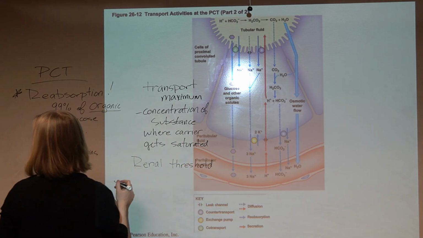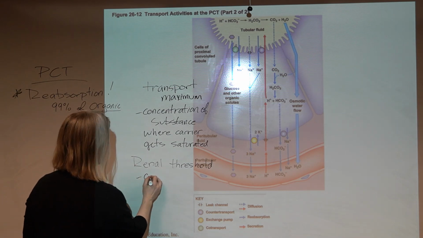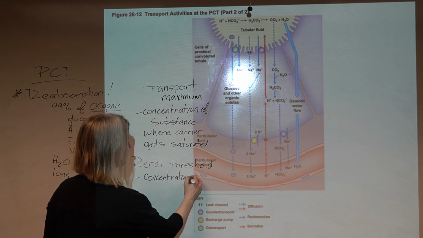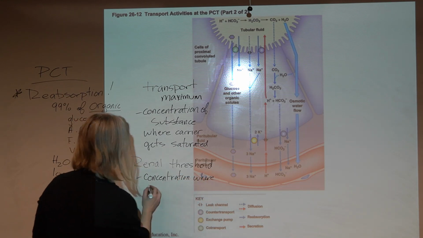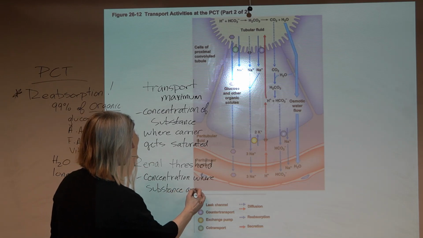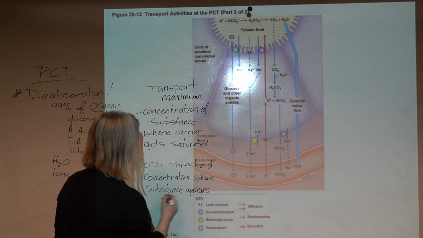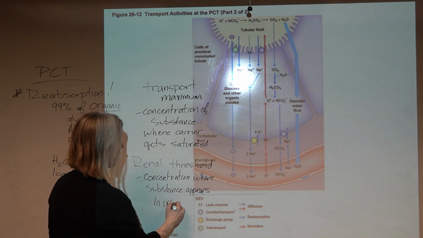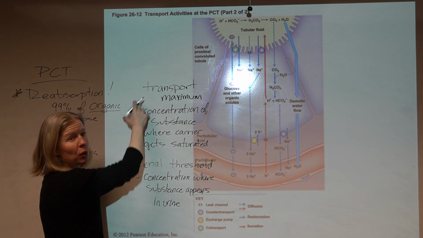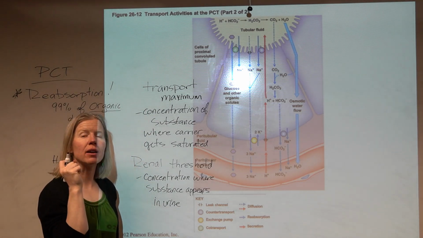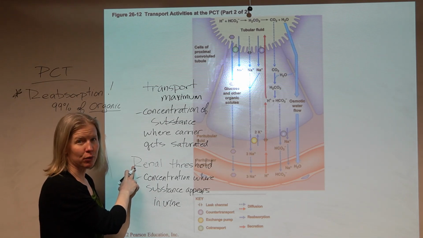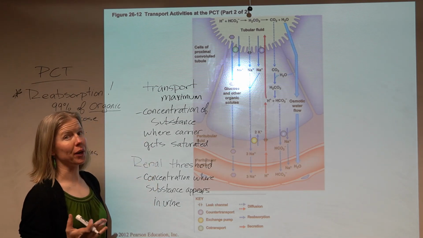Basically, it's the concentration where that substance appears in the urine. It's not getting reabsorbed. These two definitely go together. The transport maximum is the level where that protein is saturated, and that leads to this renal threshold. It's going to start showing up in the urine.